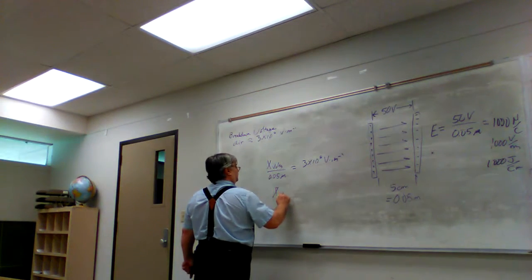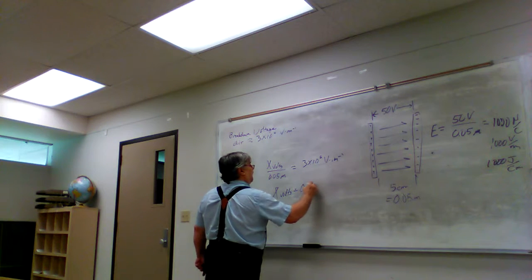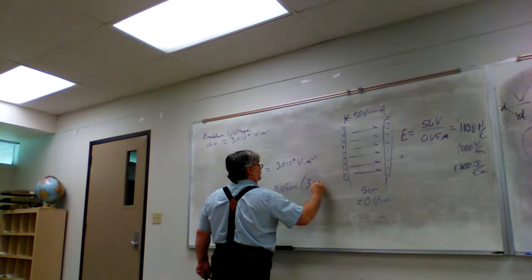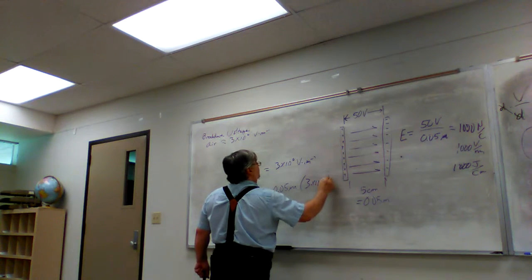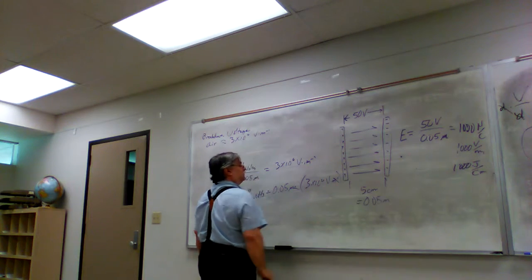So how many volts? 0.05 meters times 3 million volts per meter. Meters cancel.